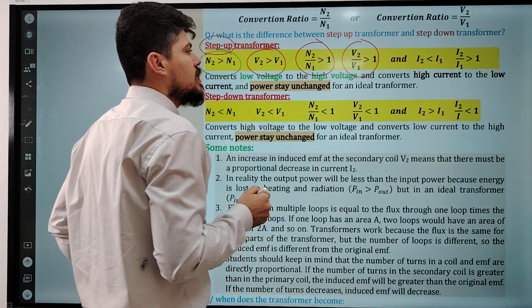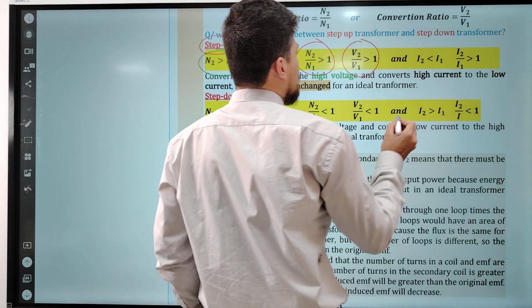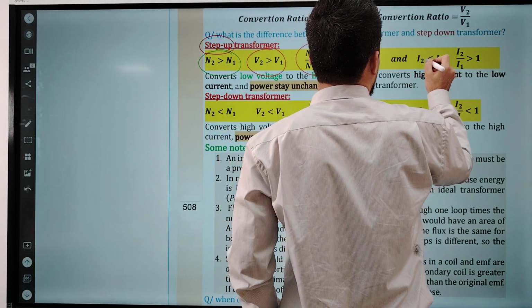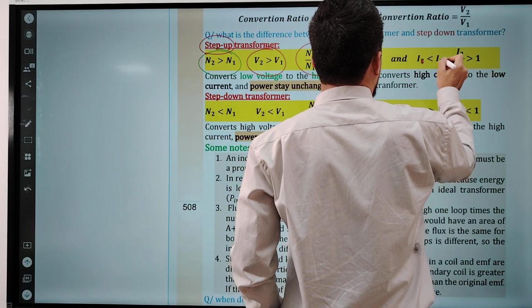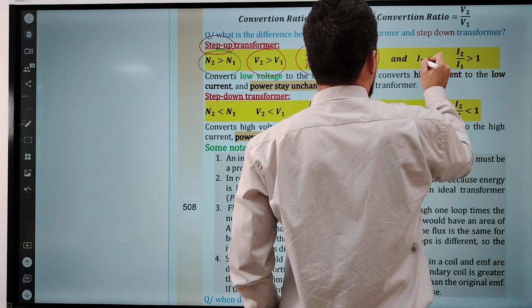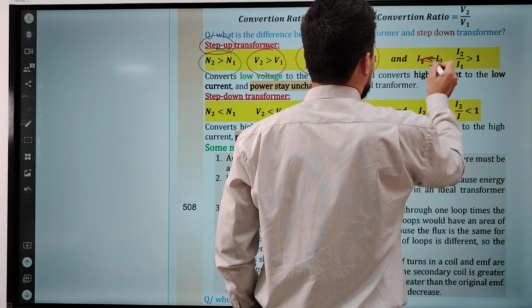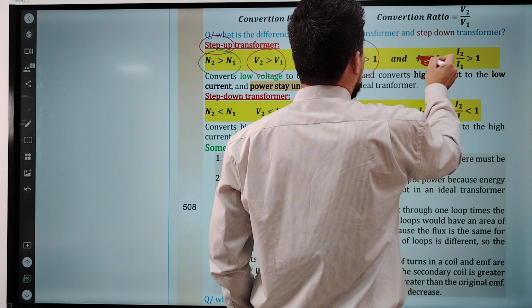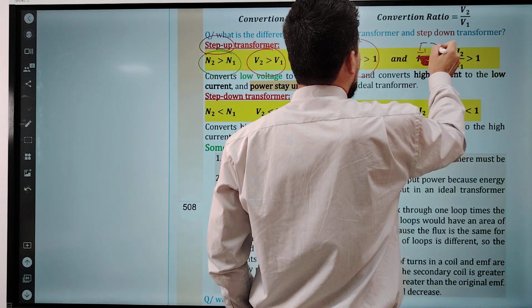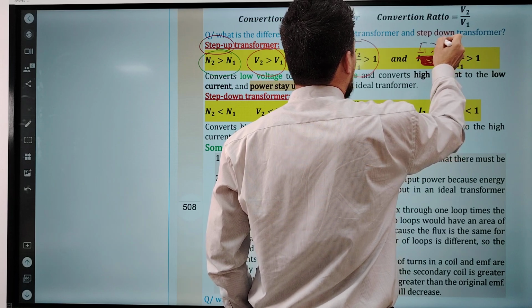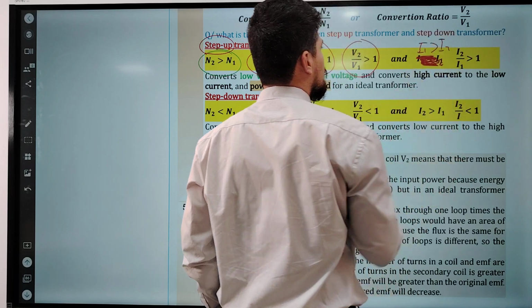And V2 over V1 is also bigger than 1. But for the currents, this is I1, this is I2. In step up transformer, I1 is bigger than I2. It's opposite to the potential difference.